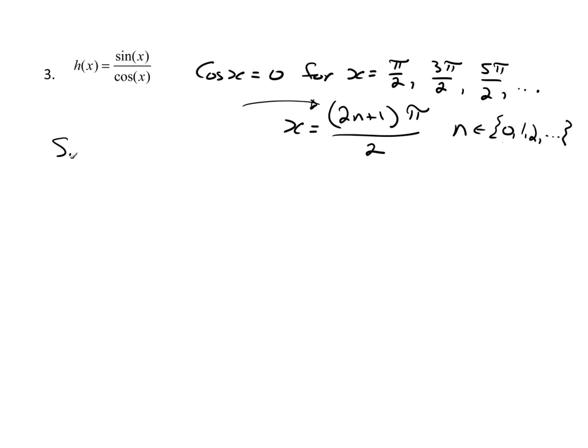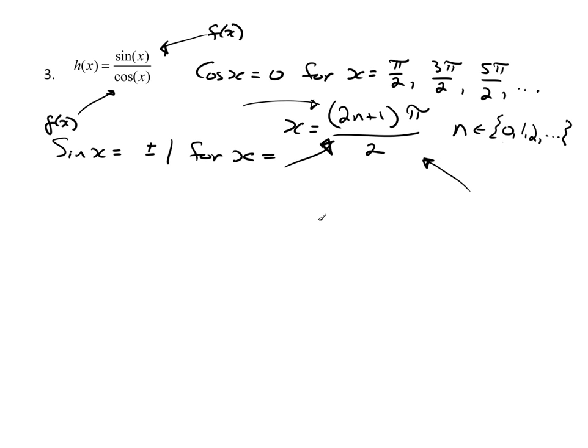Sine of x equals plus or minus 1 for x equal to this. So when cosine is 0, sine is plus or minus 1. So every place that the denominator, g of x, is equal to 0, the numerator, f of x, will be nonzero. This is going to give me a vertical asymptote for every 2n plus 1 times pi over 2.